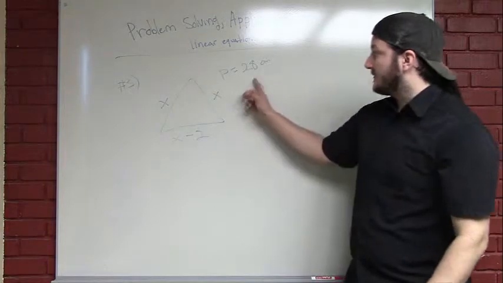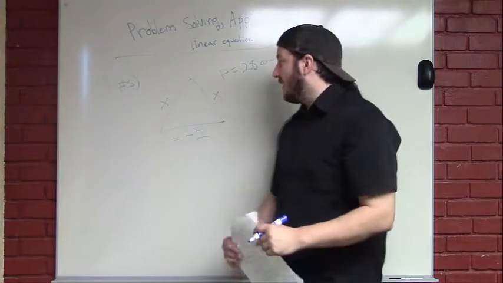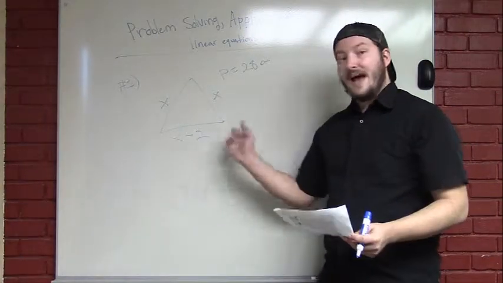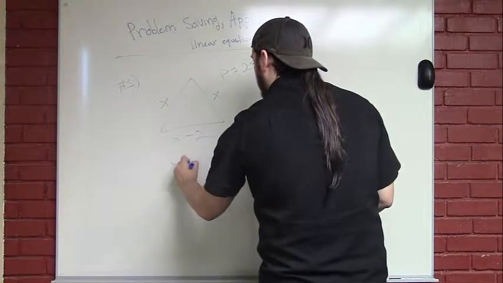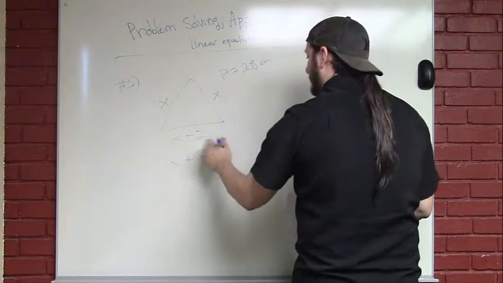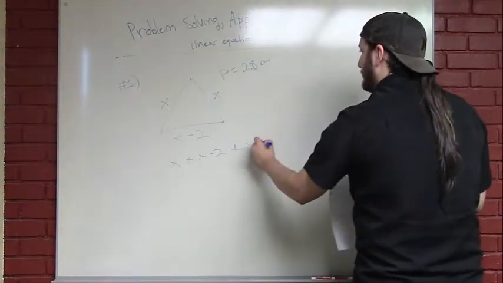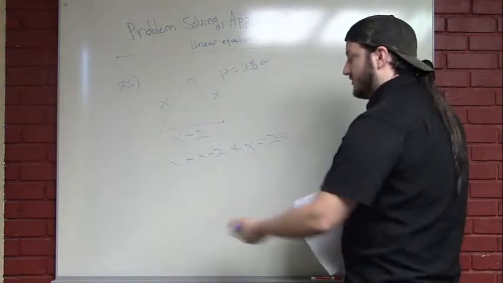So we got the perimeter, we got some stuff, let's put it together. What does perimeter mean? Again, you just add up all the sides. So you got x plus x minus 2 plus this side here, x, should equal 28, because that is our perimeter. So you start combining.